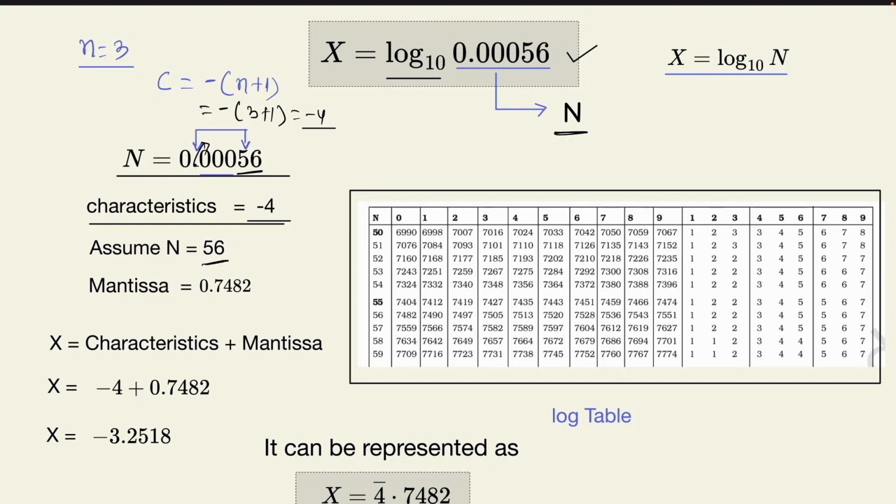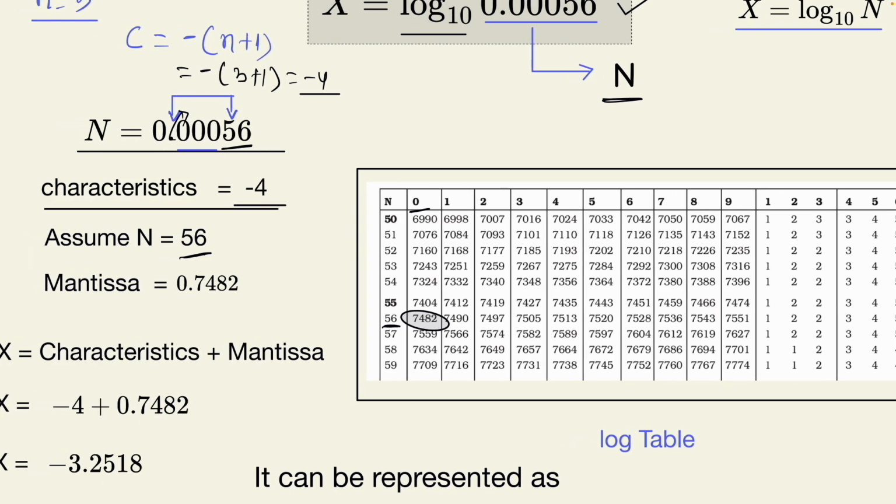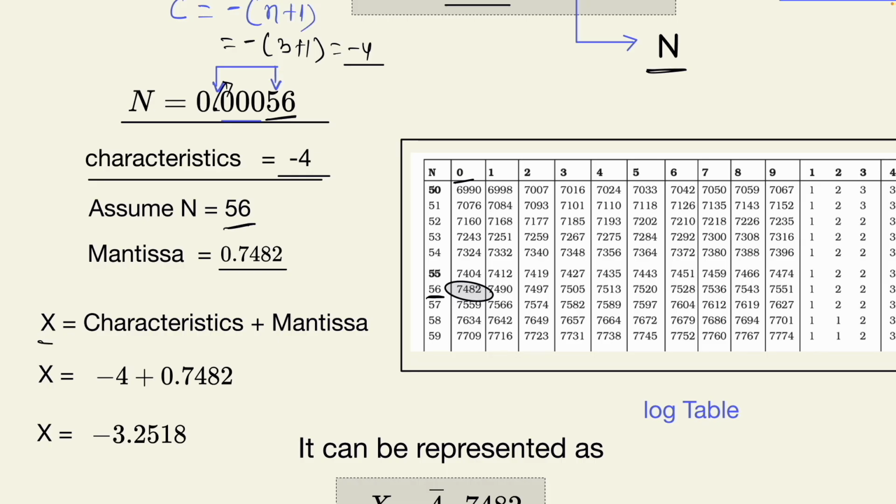Based on that, we need to find the Mantissa. Here is 56, and after 56 there is no number, so we take it as 0. So here it is 7482. This 7482 can be written as 0.7482.